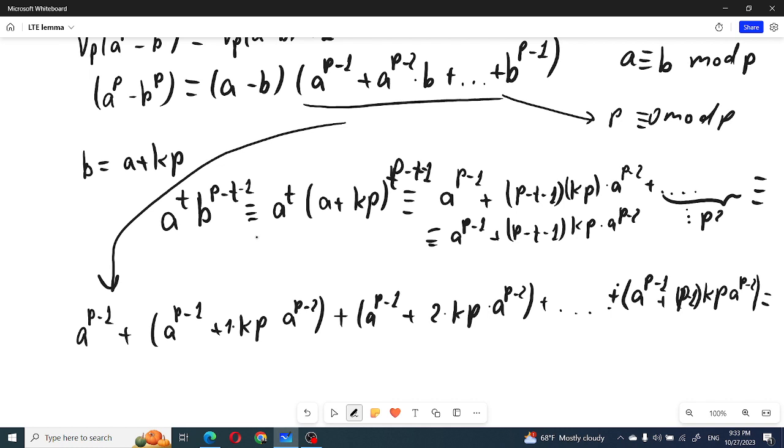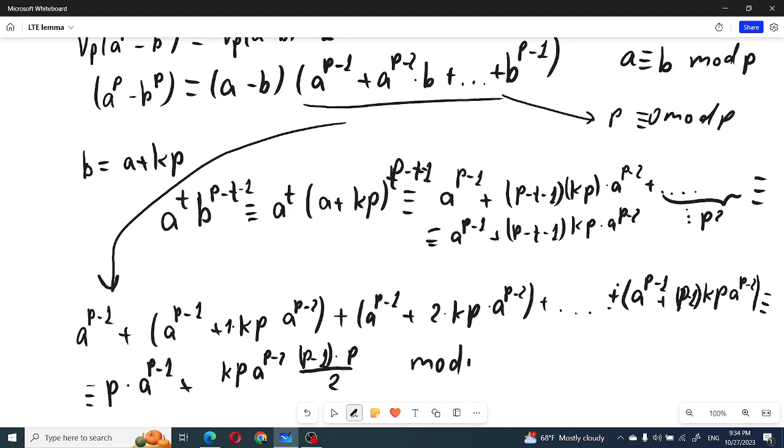And if we take this number as mod p squared, this equals p times a to the p minus 1 plus this sum, which must be kp times a to the p minus 2, and we will get an arithmetic progression 1, 2 up to p minus 1. So this must be p minus 1 times p over 2 mod p.